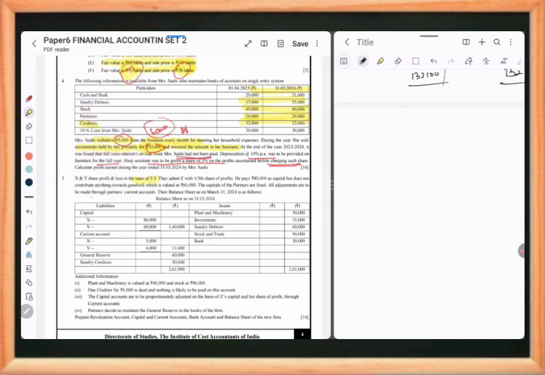So the old partners, there are two partners, X and Y. They admit Z as a new partner for 1/5 share of the profits. He pays 80,000 as capital. So 80,000 rupees for the 1/5 share he is bringing in as capital. He does not contribute anything towards goodwill. So he didn't bring any amount pertaining to goodwill. But it is valued, actually, at 60,000 rupees.